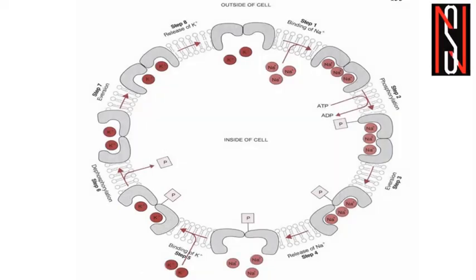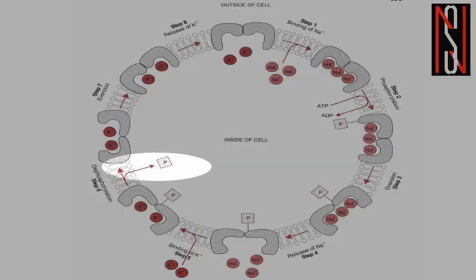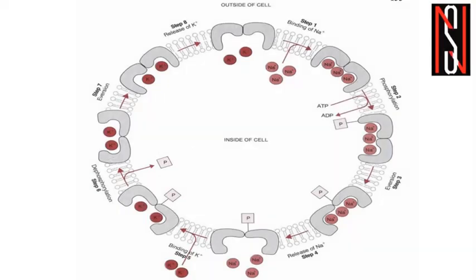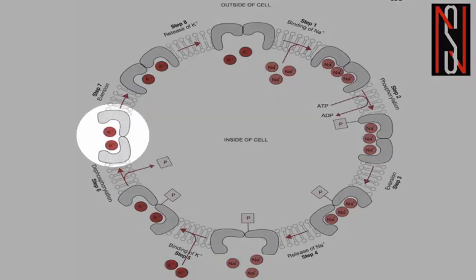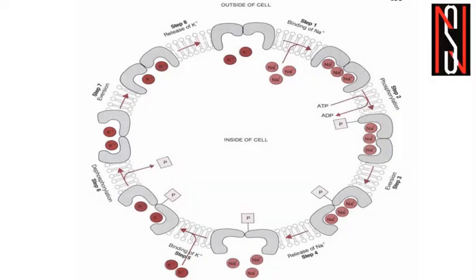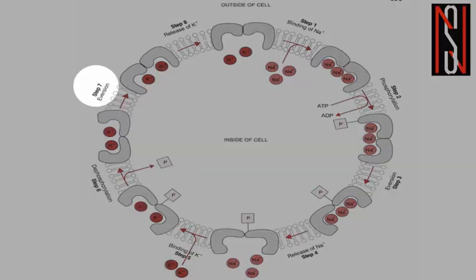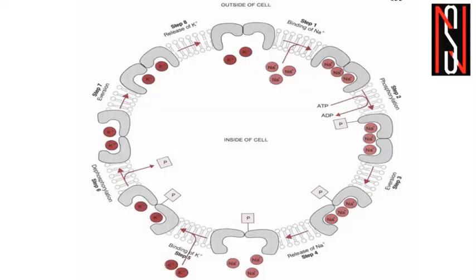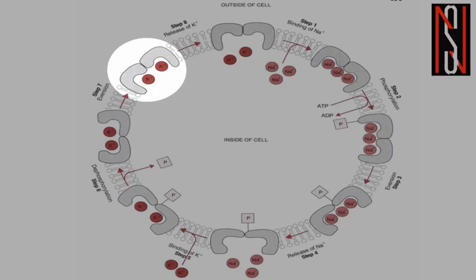When these two potassium ions bind with the alpha subunit, in the next step it will undergo dephosphorylation. It will release the phosphate group. Now when it releases the phosphate group, it will act as a revolving door once again. So in the next step, the eversion process will happen. Through that eversion process, the pump will now be opened towards the inside of the cell.